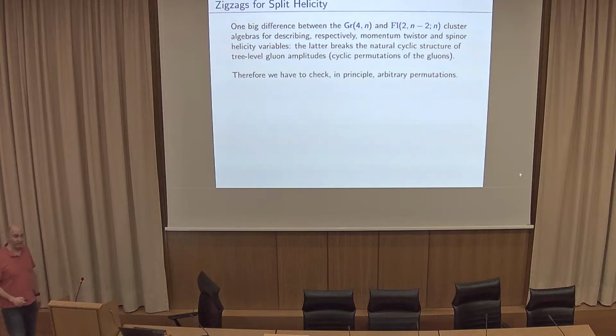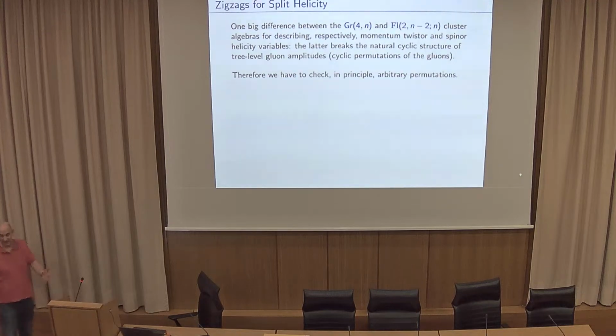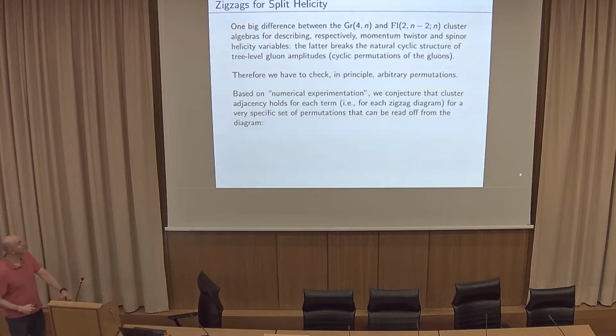So therefore, you have to allow yourself to consider, in principle, arbitrary permutations of the particles, which is fine because these are bosons. So the full amplitude is actually fully symmetric under arbitrary permutations.